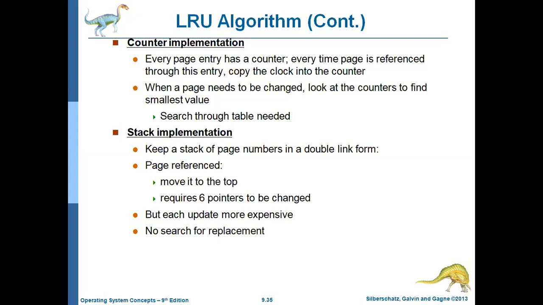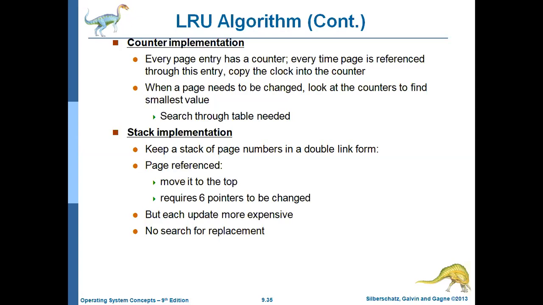When a page needs to be changed, look at the counters to find the smallest value, searching through the table as needed. As soon as it finds the respective counter entry, that page is allocated. It is like each page table entry has a time-of-use field associated with it.